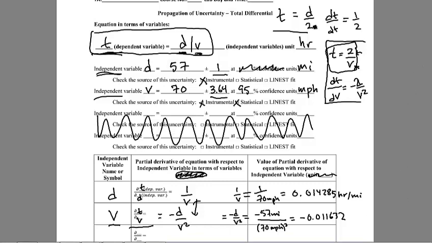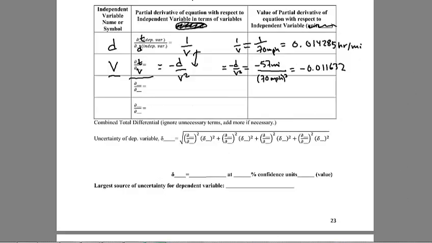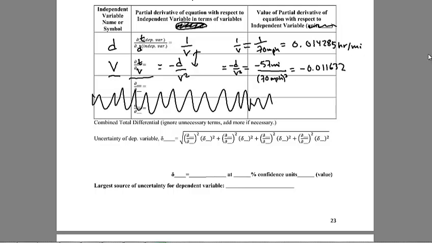And now we've got just about all the pieces that we need to actually figure out what the total uncertainty on our time is. So if we scroll down, we don't need these blocks, we only had two independent variables, so that goes away.